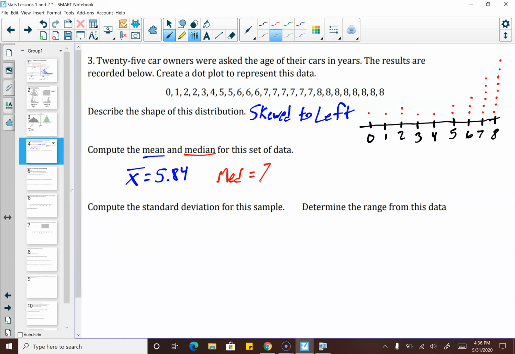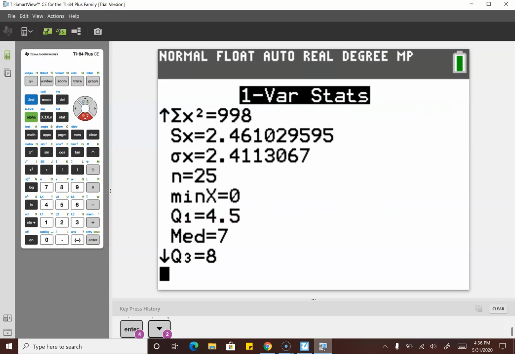Now we want to compute the standard deviation. Standard deviation basically tells us our variability that we just talked about. So our standard deviation tells us how spread out our data is. And the symbol in our calculator, and it's on that same list, it's a little funny looking O with an X. So that little funny looking O with the X is going to be our standard deviation here.